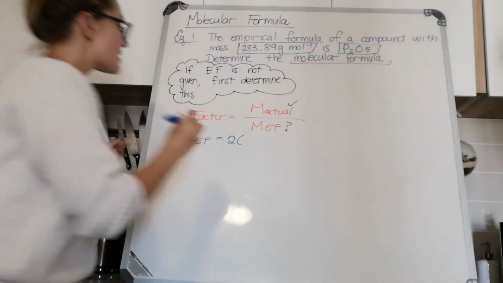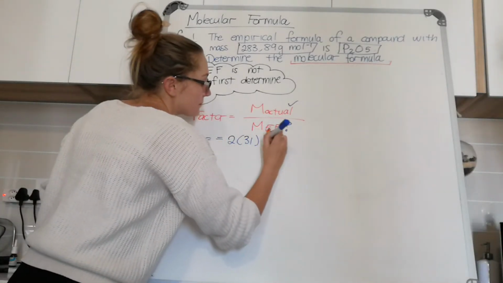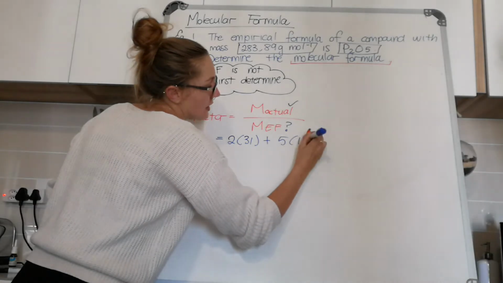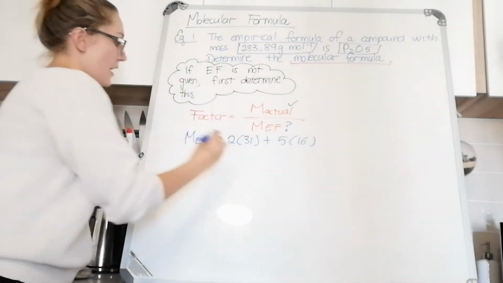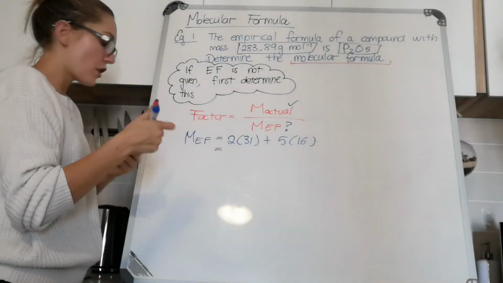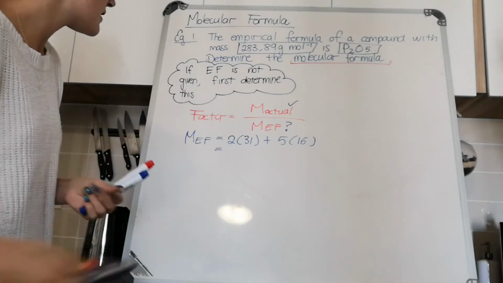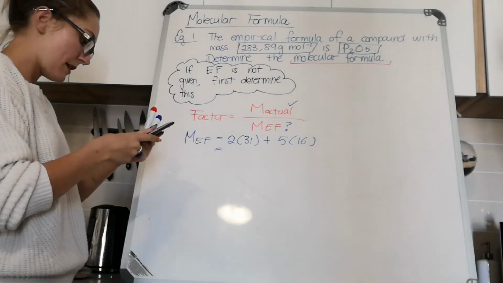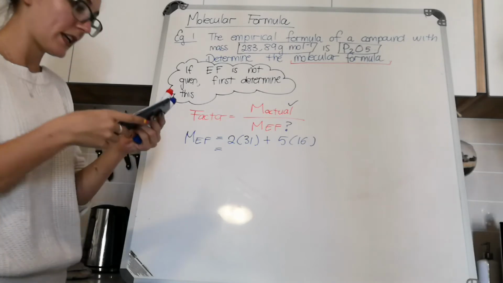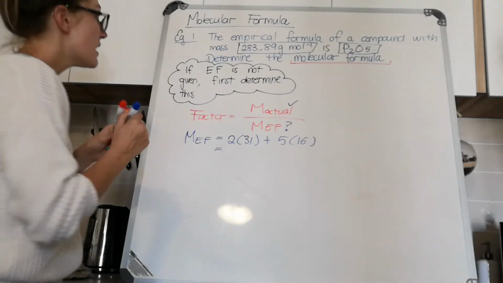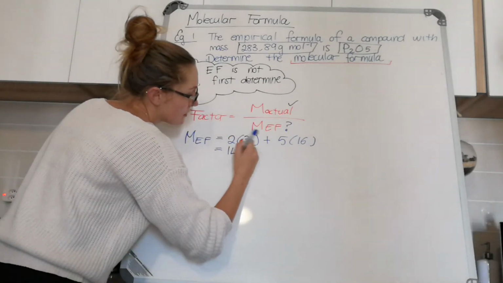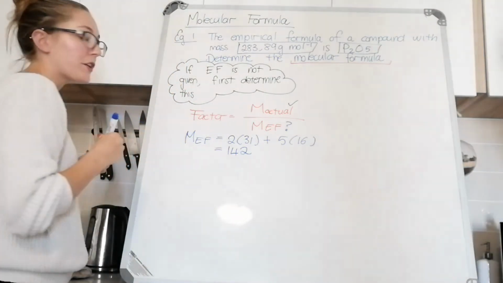But for phosphorus, I've got 31, and for oxygen, I've got 16. When we work out the molar mass of that, what are we going to have? 62 plus 5 times 16. So we get 142 as the molar mass of our empirical formula.